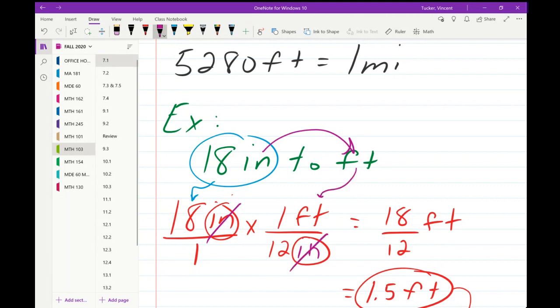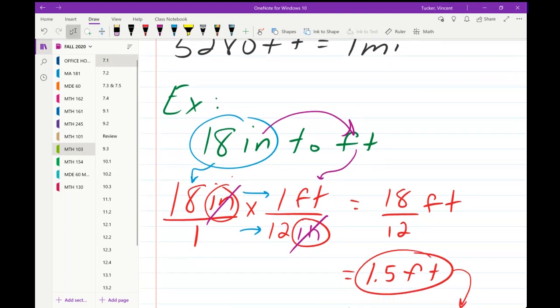And then that leaves me with the feet that I need to be in. Once you've established that, you would just multiply across. 18 times 1 is 18, 12 times 1 is 12 on bottom, and 18 divided by 12 is 1.5 feet.